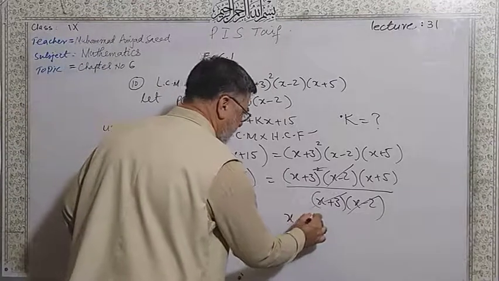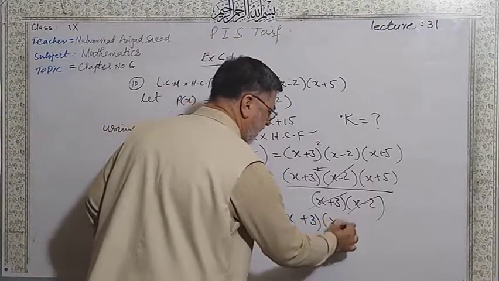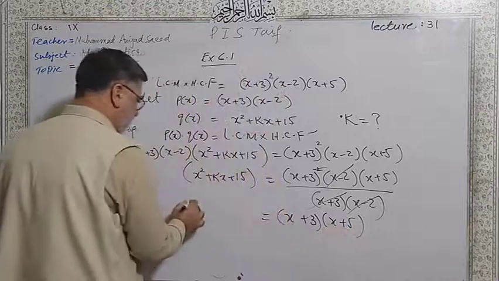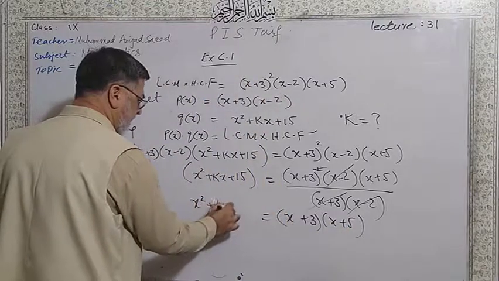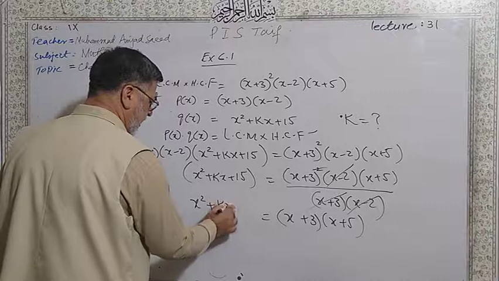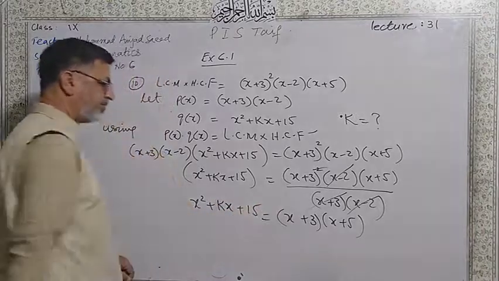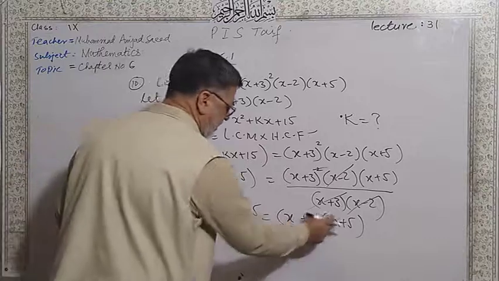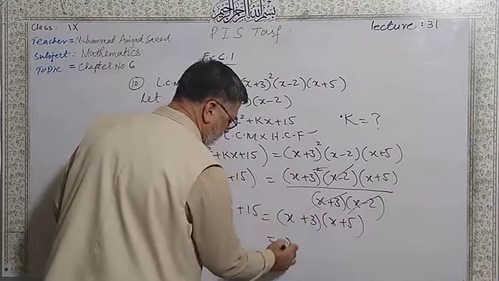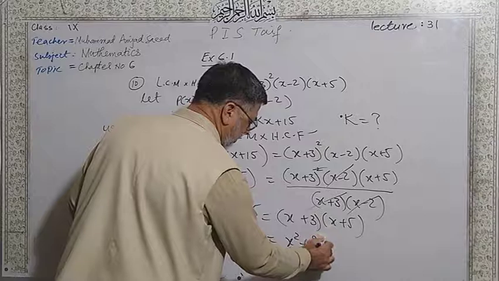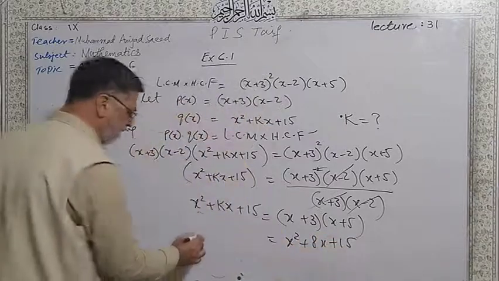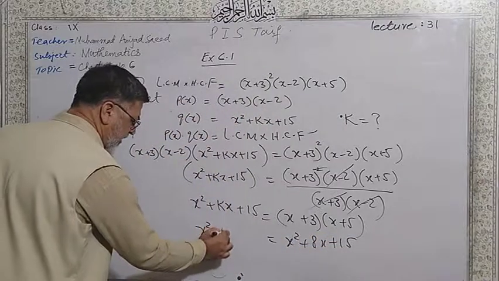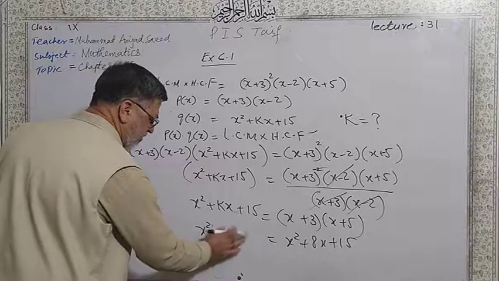Here we have x plus 3 into x plus 5, that is equal to x square plus kx plus 15. Now on the right hand side you can multiply: x square plus 5x plus 3x, x square plus 8x plus 15, and x square plus kx plus 15.